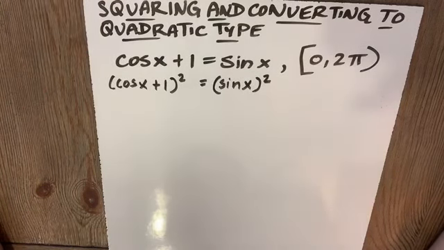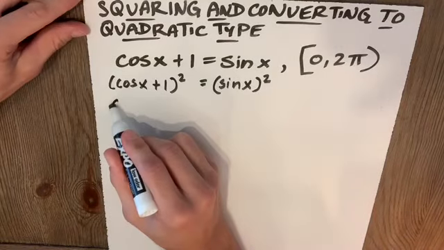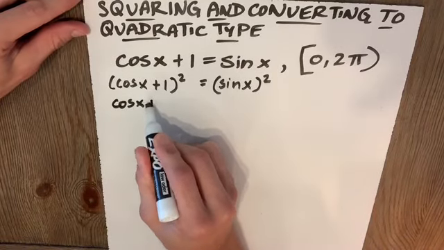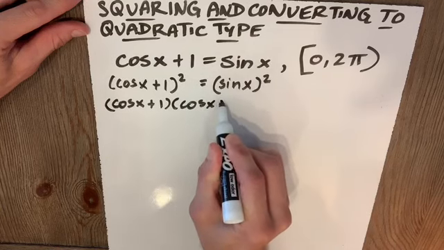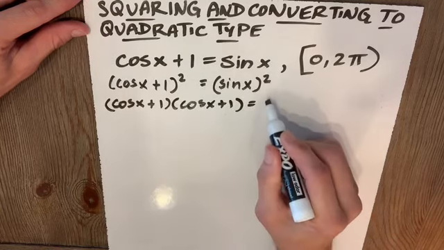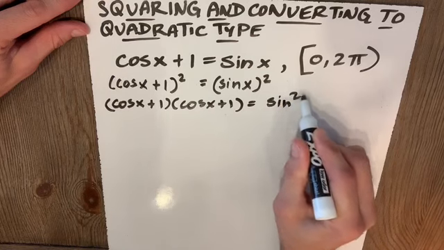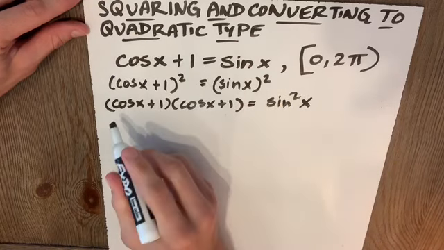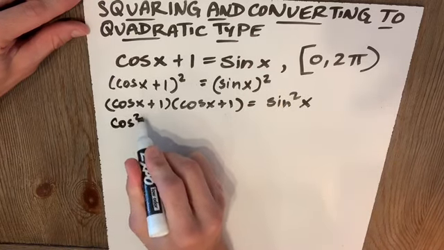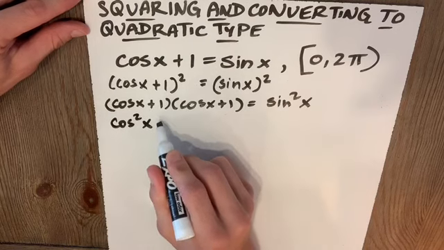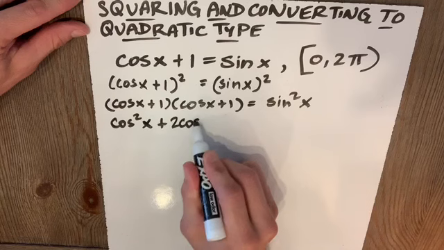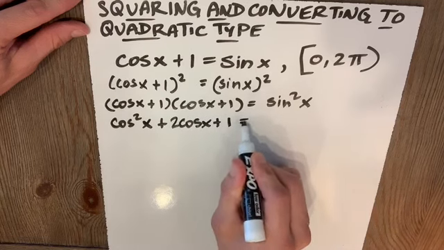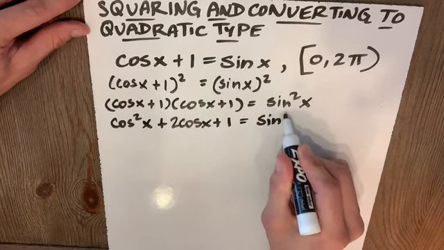So if I square both sides, I'm going to have cosine x plus 1 times cosine x plus 1 equals sine squared x. Now I can FOIL this to get cosine squared x plus cosine x plus cosine x is 2 cosine x, plus 1 equals sine squared x.